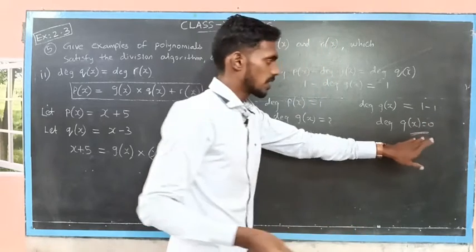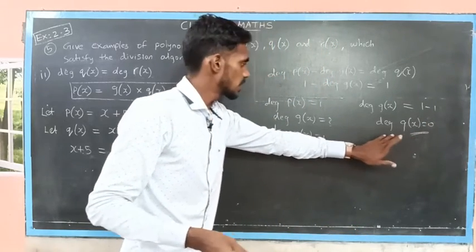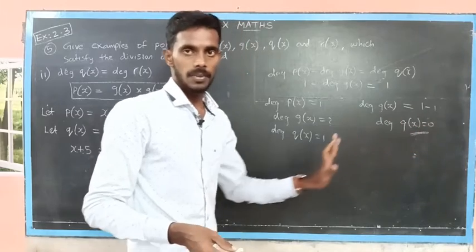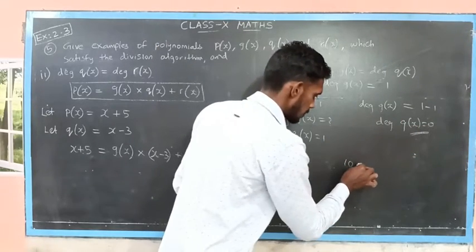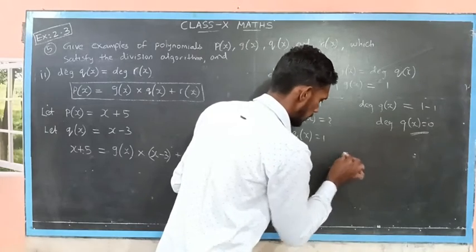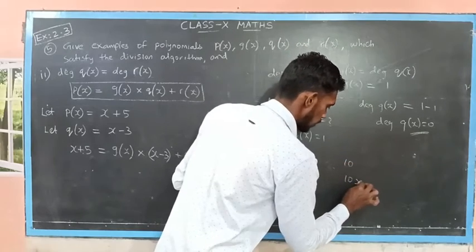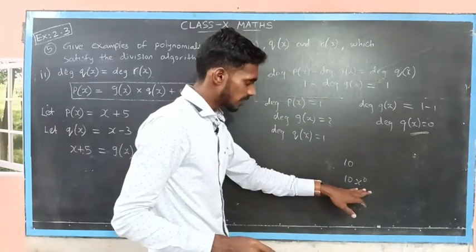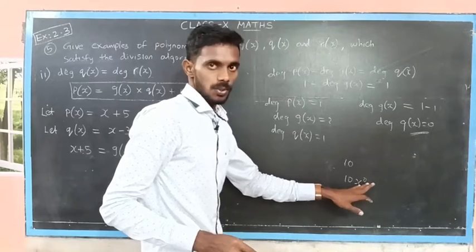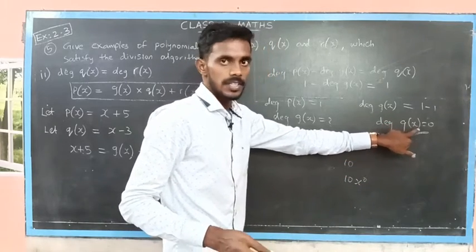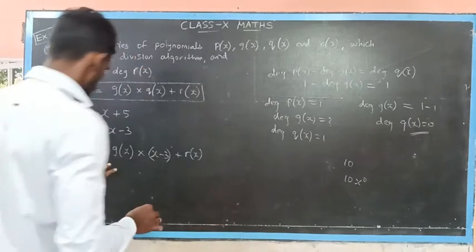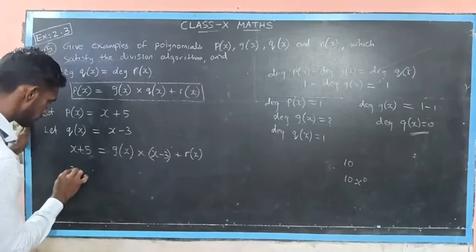So, the degree of g of x is 0, which means that g of x takes any constant number. Any constant number will have the variable's power to be 0. For example, 10 can be written as 10 into x power 0. Here the degree of the term is 0. Okay. So, I can substitute any constant value for the g of x polynomial. So, let us substitute any constant value.